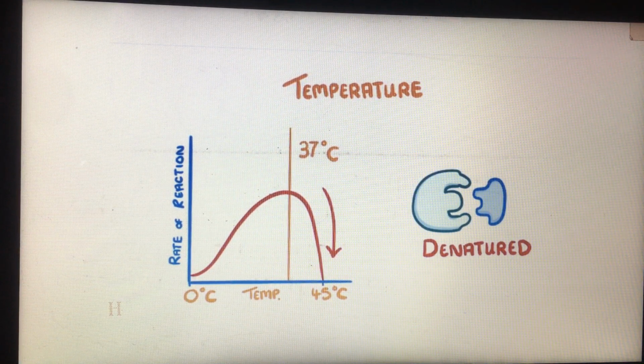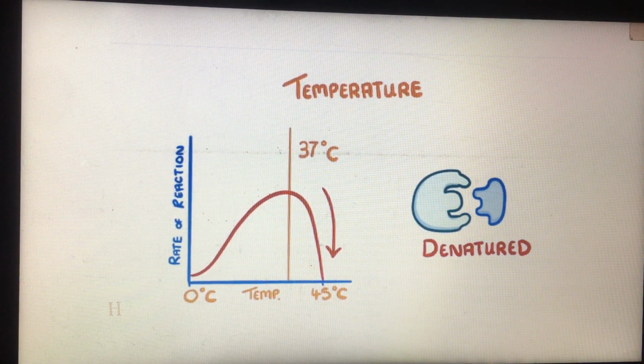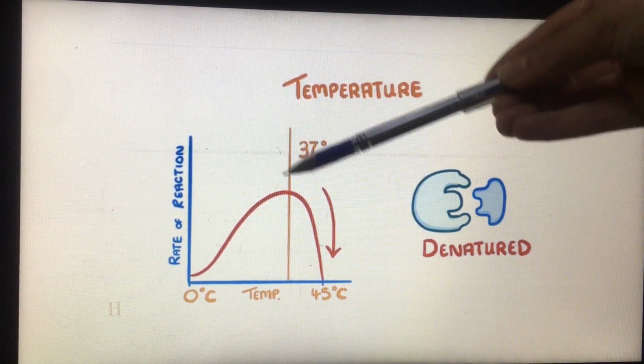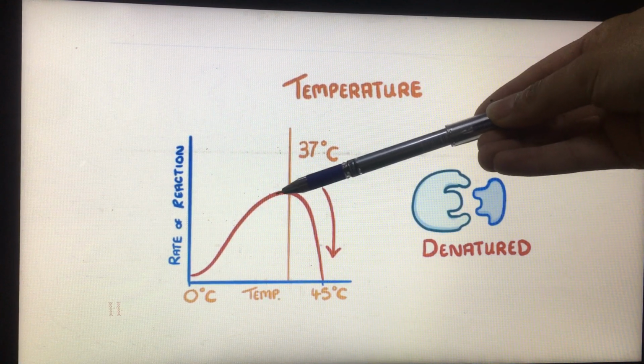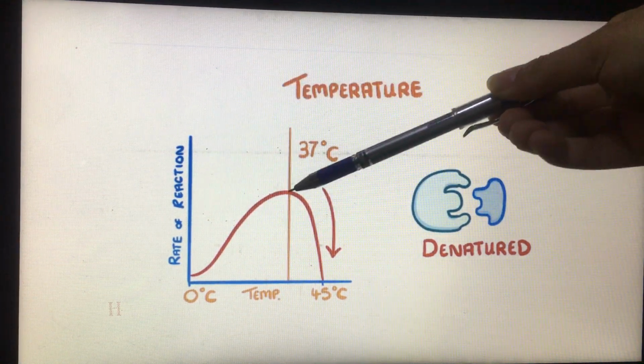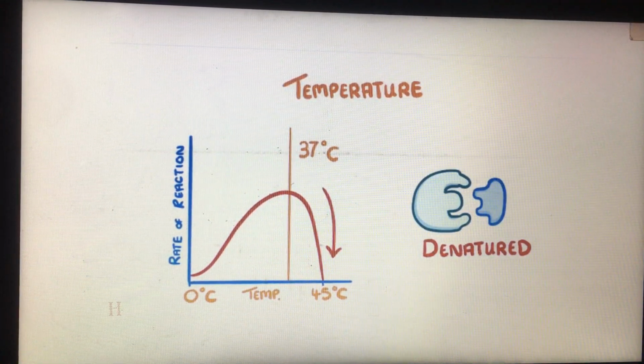The temperature at which an enzyme functions best is known as its optimum temperature. So here 37 gives the best rate of reaction, so 37 is the optimum temperature, because that is the temperature at which the rate peaks, as the human body is kept around 37 degrees.